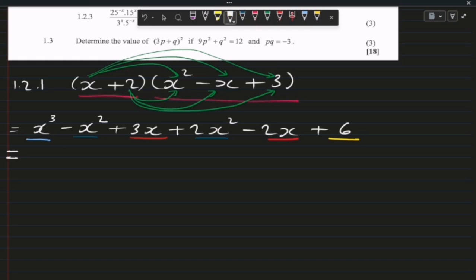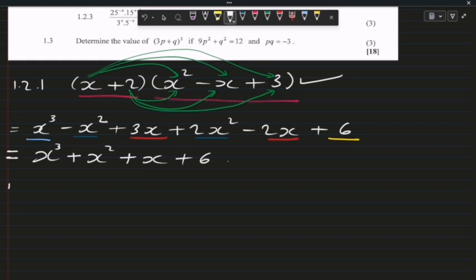So x cubed, and then negative 1 plus 2 will give us positive 1, so it will be positive x to the power of 2. And then 3x minus 2x will give us positive x. And then 6 is just 6. And now we are done. So this is the simplified version of this expression.